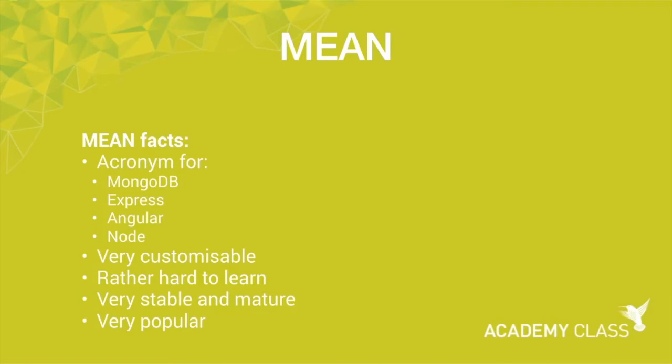On the other hand, Mean is very customizable. If you are very experienced, or if you have a really large team, in my opinion, probably Mean is a better option, because it's so customizable. You can replace all the parts if something doesn't feel right, or if you need specific tailoring for some particular task, Mean is going to be much more flexible.